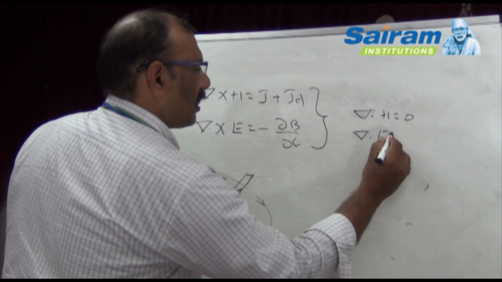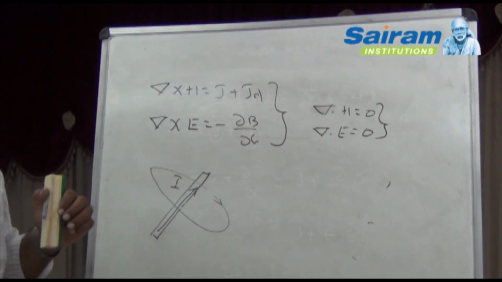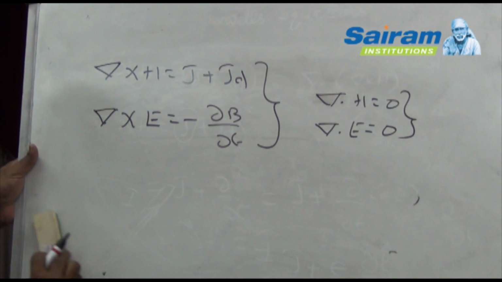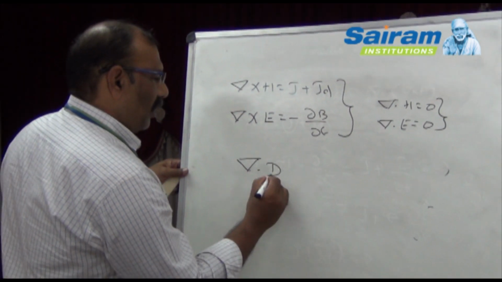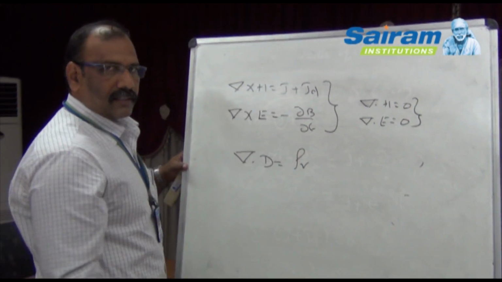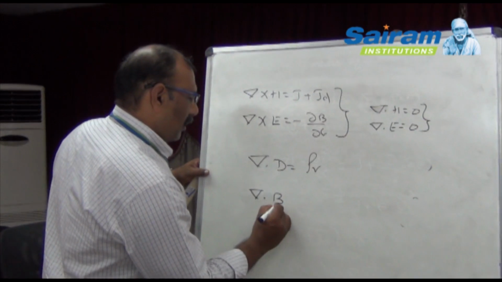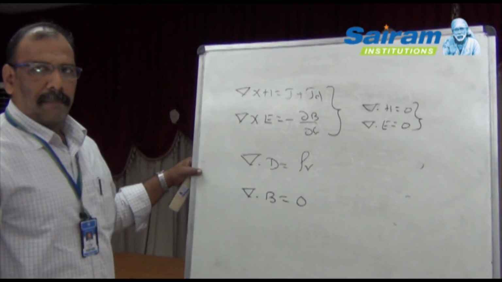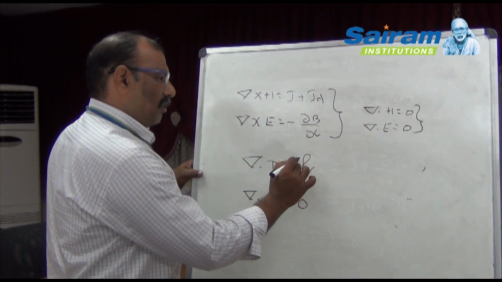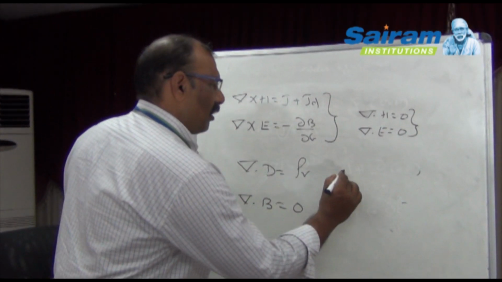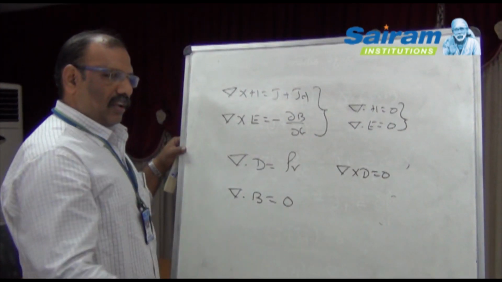Similarly, divergence of E equal to 0 for the magnetic field. Similarly, if you take the electric field concepts, divergence of D equal to rho V is the Gauss law. Then divergence of B equal to 0 is nothing but Biot-Savart's law. So for divergence of D equal to rho V, when you take the curl concept, divergence of curl of D equal to 0.